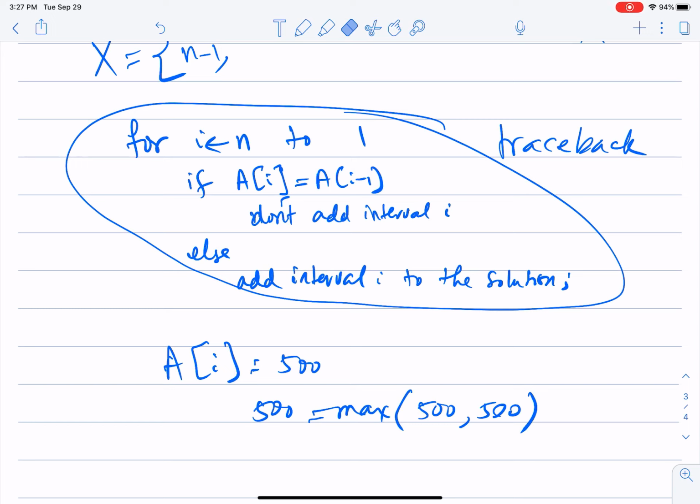So to summarize this video about the weighted compatible intervals, we have a set of intervals, and each one of them has the start time, the finish time, and its weight. We want to find a maximum weight set of intervals that are mutually disjoint or non-overlapping. Greedy algorithm doesn't work, as I said.